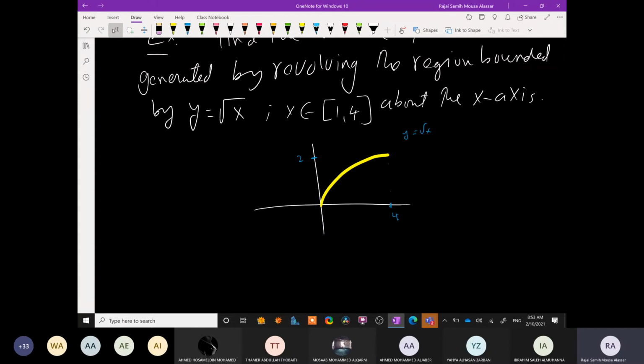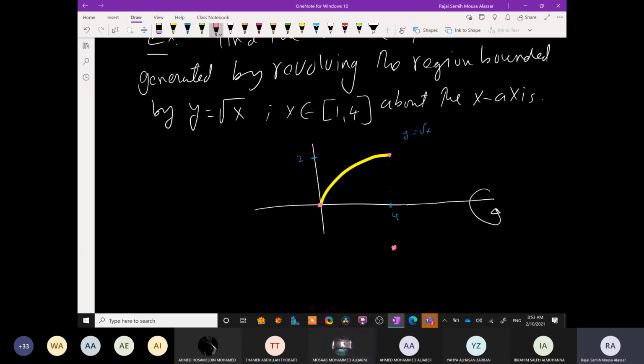What I want to do is rotate this about the x-axis. Please listen carefully. If you rotate this about the x-axis, this point here will come down here. You agree? And this point here will stay in place, yes?